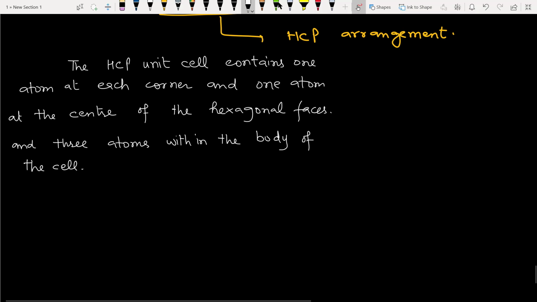So if we try to depict it, the diagram will be like this.